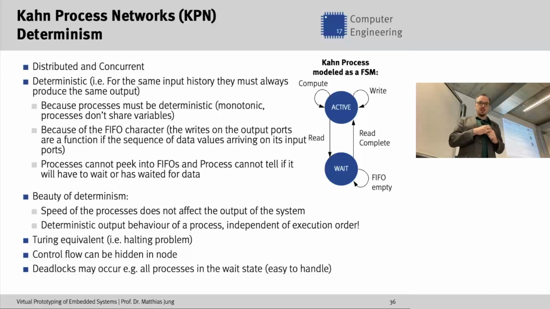And we will talk about that also a lot. Yeah, they are also like the Petri nets with reset and inhibitor arcs, they are Turing equivalent. So you also have here the same thing like halting problems. So you cannot say if such a Kahn process network ever stops.